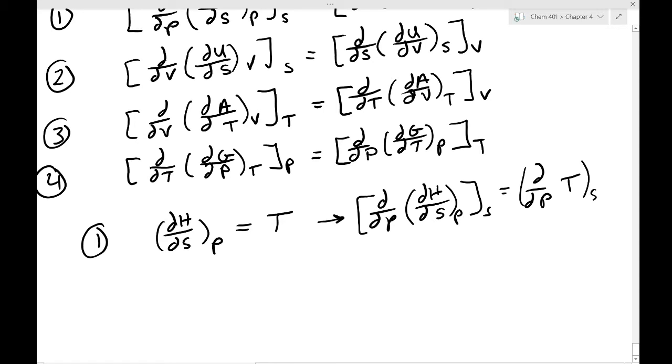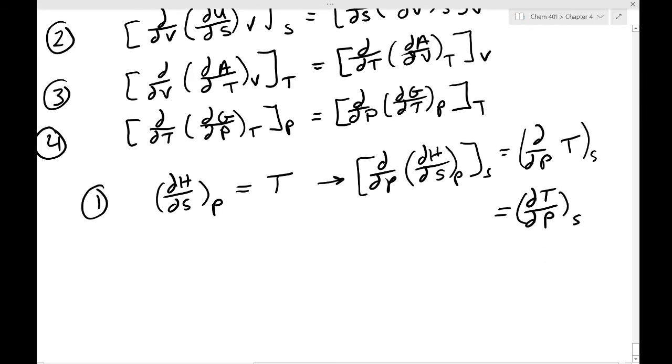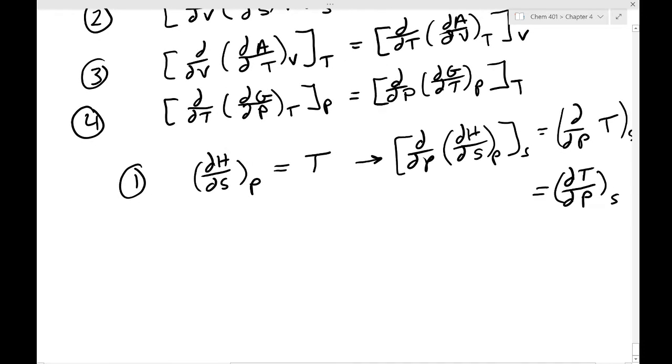Therefore, this equals the change in T with respect to the change in pressure at constant S. Okay, now that's interesting. Then we can look at the other side, and we can notice that dH with respect to dP at constant S is equal to volume.